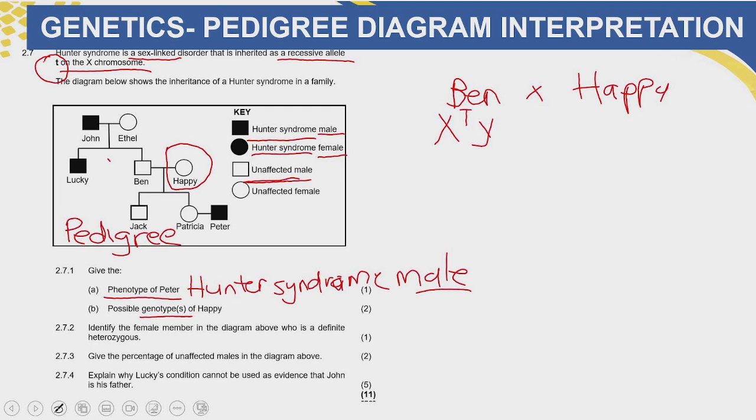Now the children of Ben and Happy do not have Hunter's syndrome.